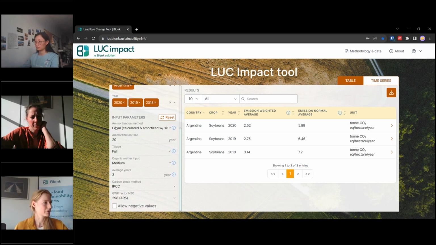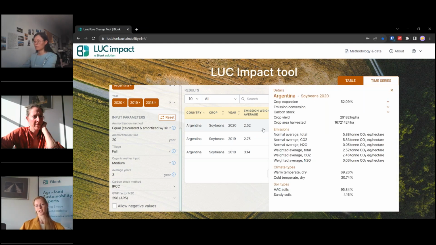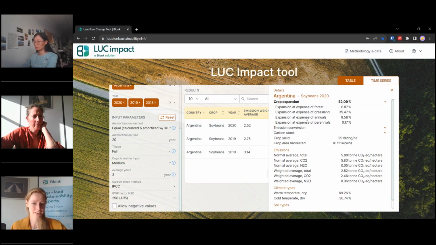Here we can see some of the other input parameters, so amortization methods, amortization time, tillage level, organic input level, and some other functionalities. Then if we click on the results, we can expand them and look into underlying parameters.